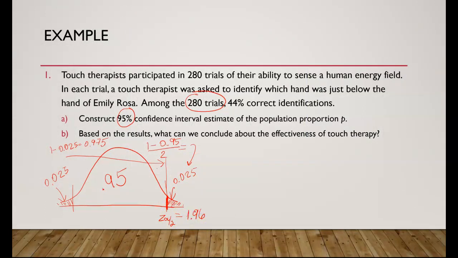Next step is to evaluate the margin of error using the formula E equals z of alpha over 2 times the square root of p hat times q hat divided by n. Let's identify these values. P hat is the sample proportion, which is in this case 0.44, 44% of correct identifications.